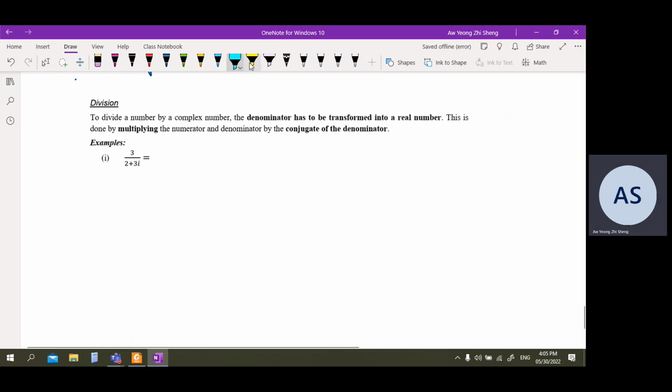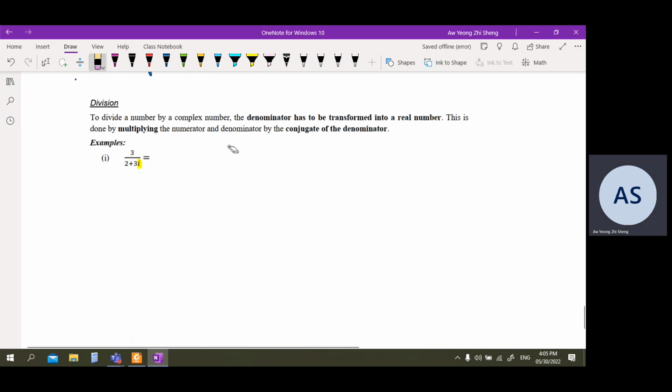So it's saying that whenever you have some expression that contains some i at the bottom of the fraction, our syllabus expects us to get rid of i from the bottom. Such a number cannot be left as a final answer.